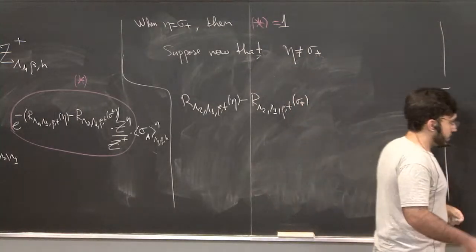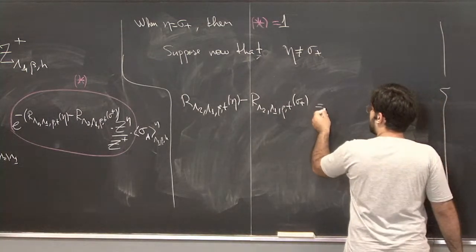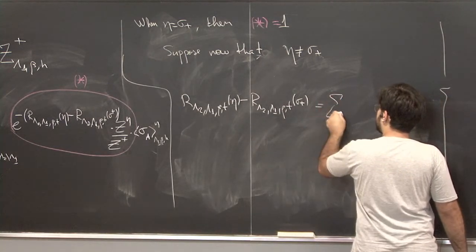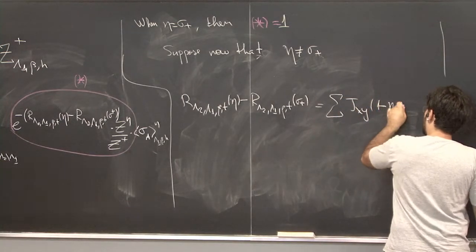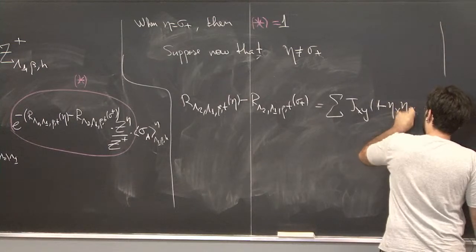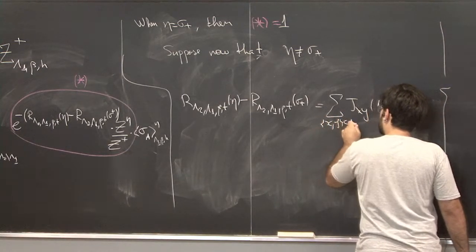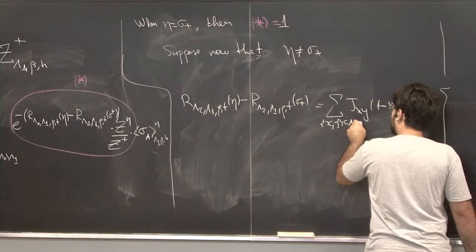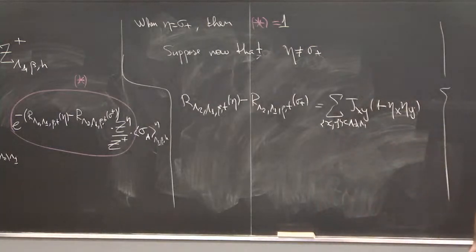Remember, sigma plus is the configuration that's all plus. Then this will give me the sum of J_xy (1 minus eta_x eta_y), xy inside lambda 2 minus lambda 1. This corresponds to this term.